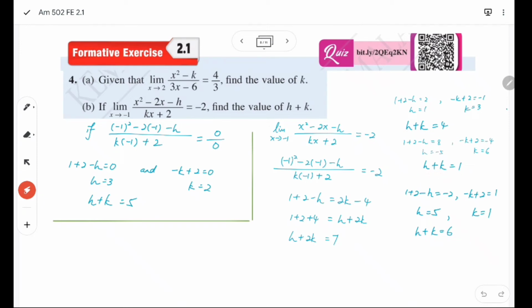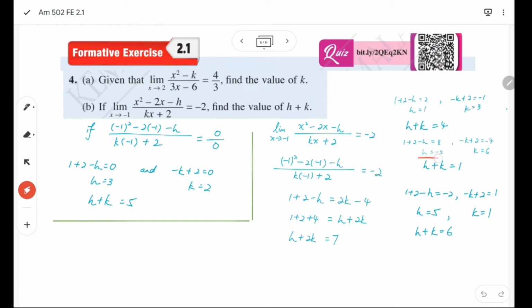I agree all these answers are acceptable. The condition is that when we replace h and k back inside, they will always fit h plus 2k equals 7. So 1 plus 2 times 3, I get 7, so this can be the solution.